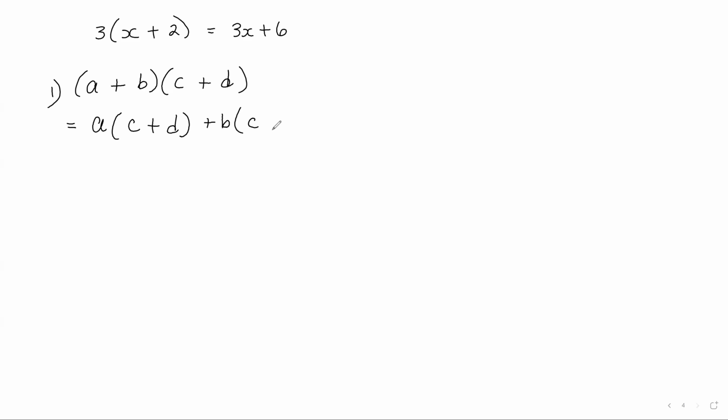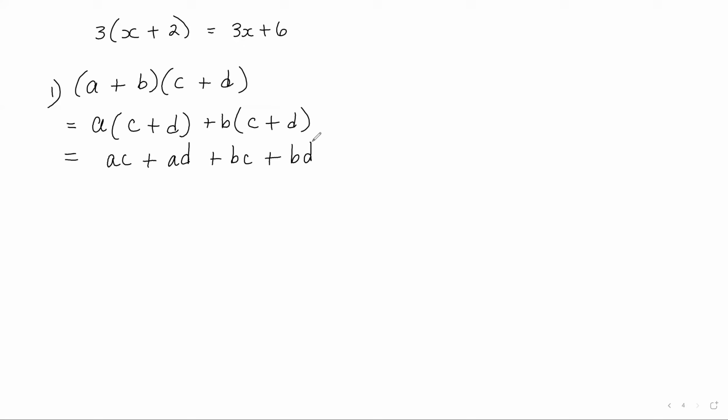So it'll be B times C plus D. And then you expand because you know how to do this one. A by C is AC, and A by D is AD. Then you have B by C, which is BC, and B times D, which is BD. And that is your answer.